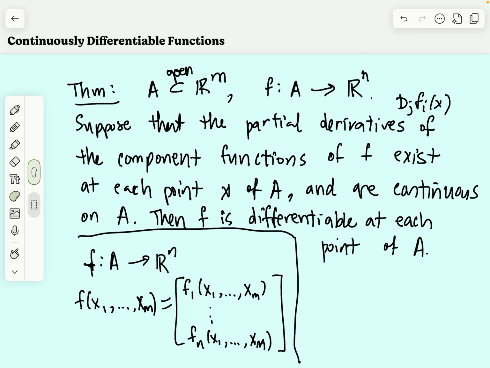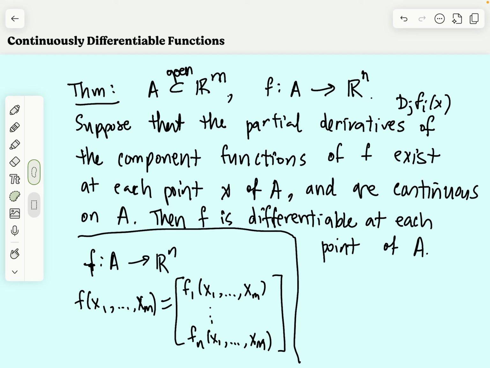Okay? So in particular, if you take n equals 1, then you just have a real valued function, and this is just the partial derivatives of f. So if you have a real valued function f from an open set in R^m into the real numbers, it's going to have m partial derivatives, right?